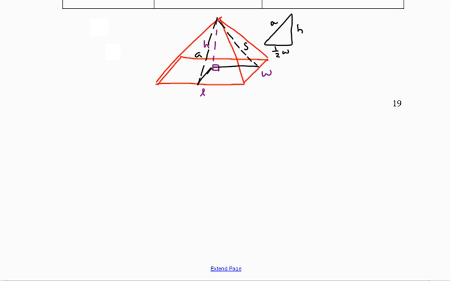And then this triangle with S is a little bit easier to see. So what would this length be here? Half of the length. We still have our height, H, and now our slant height, S.